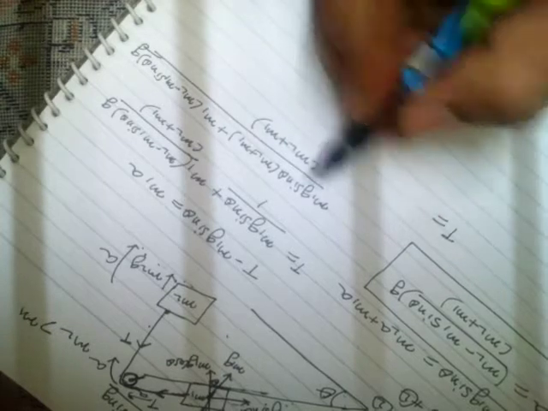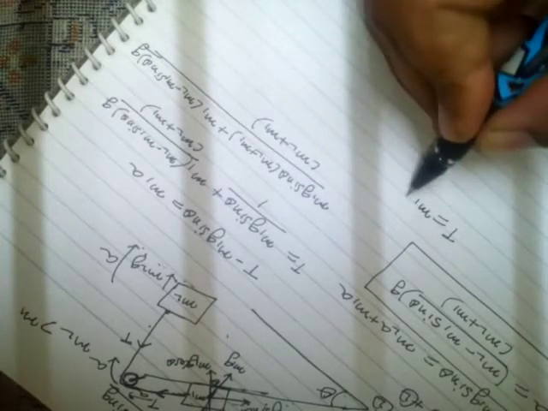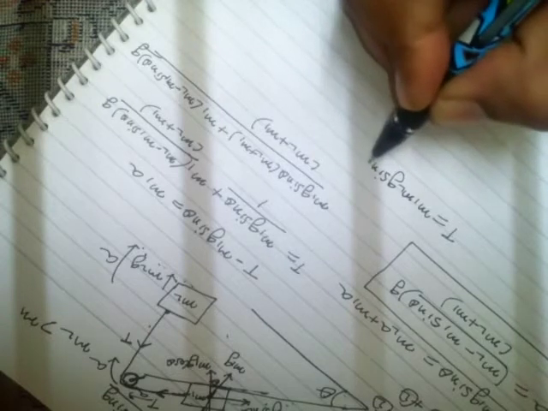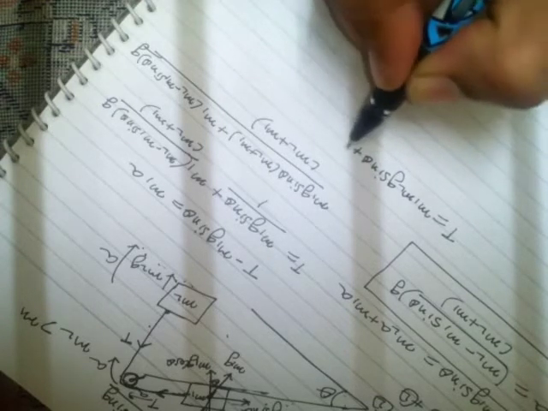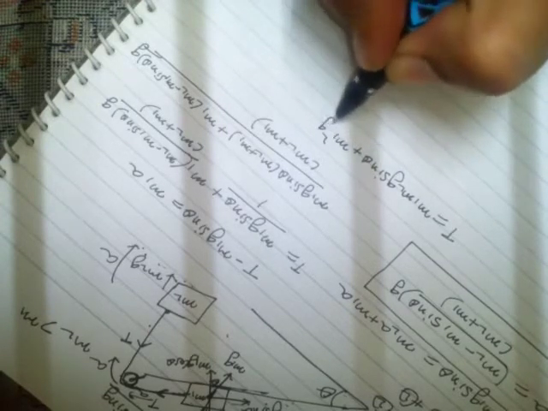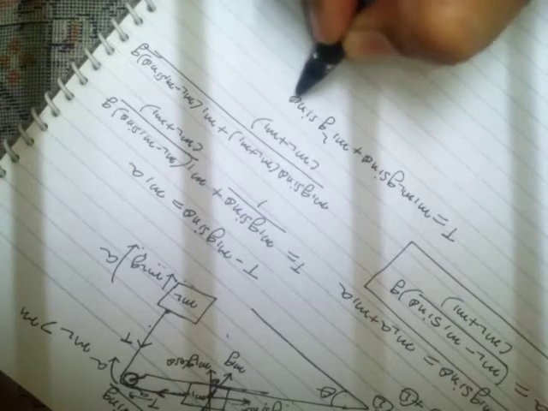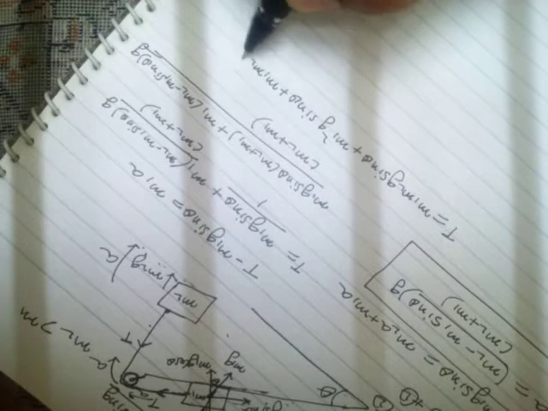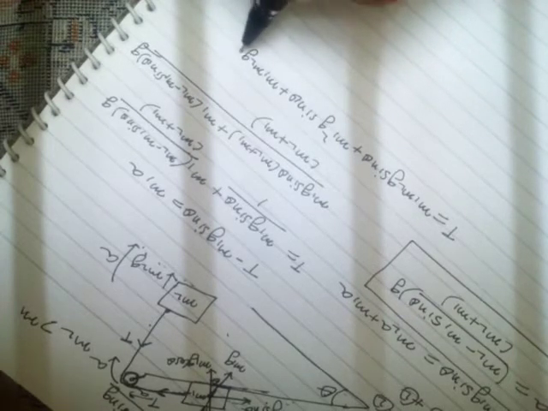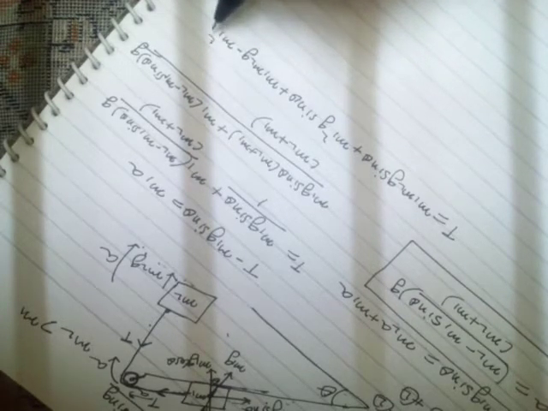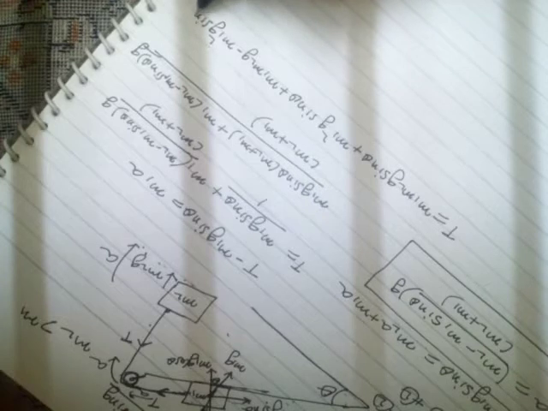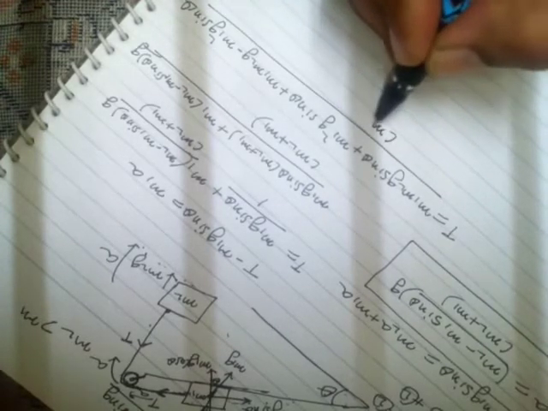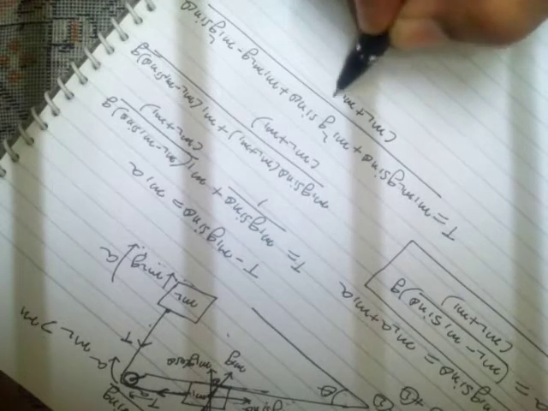T equal to multiply: m1 m2 g sin theta plus m1 square g sin theta plus m1 m2 g minus m1 square g sin theta upon m2 plus m1.